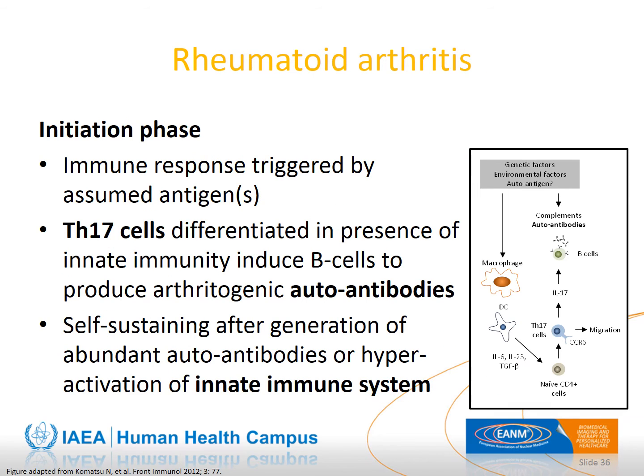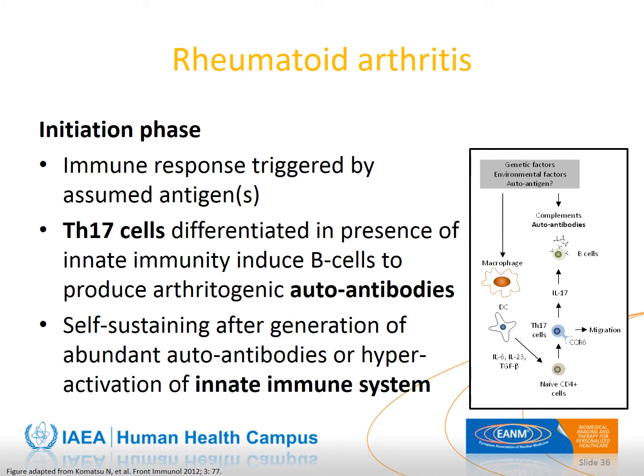Starting with rheumatoid arthritis, this disease is characterized by three separate phases. During the initiation phase, an immune response is triggered by an assumed antigen, and the innate immune system cells, in particular macrophages and dendritic cells, will produce interleukin-6, interleukin-23, and transforming growth factor beta, that will in turn induce differentiation of Th17 cells.